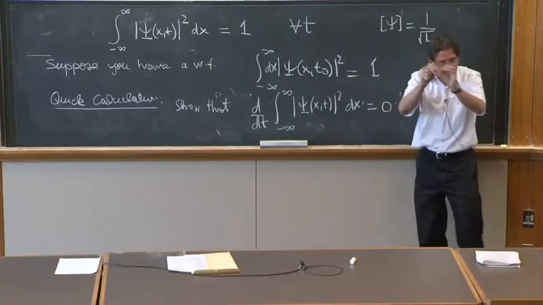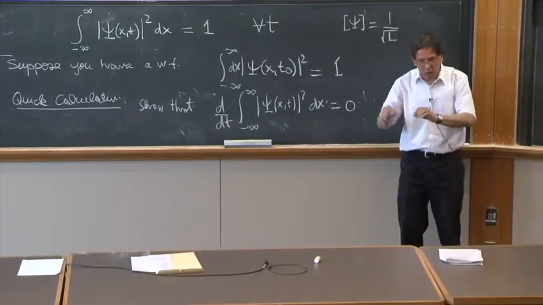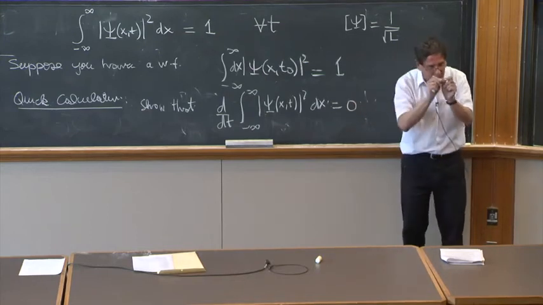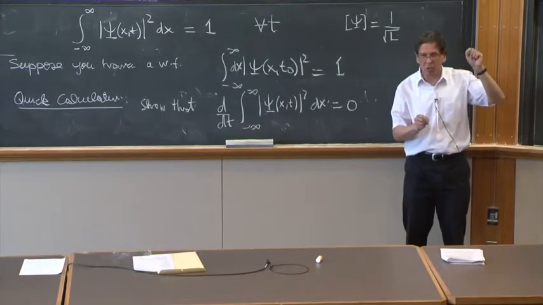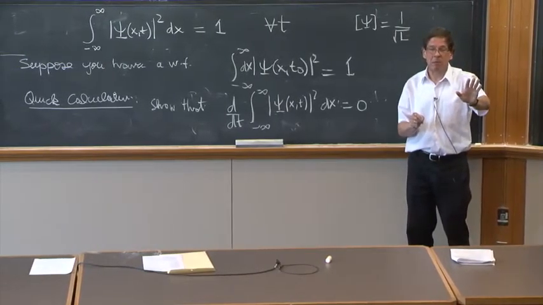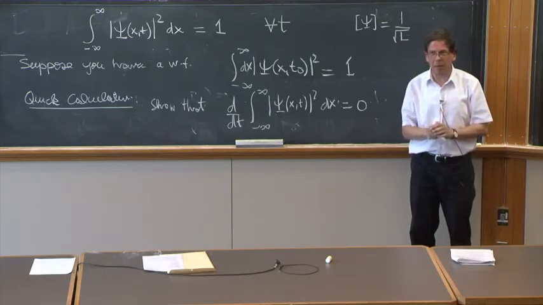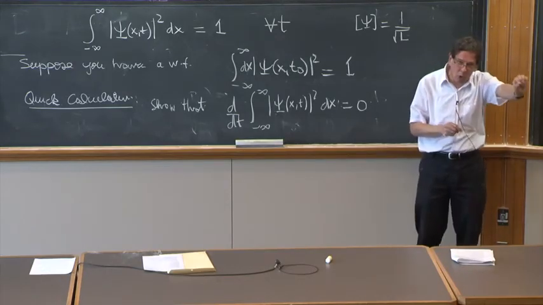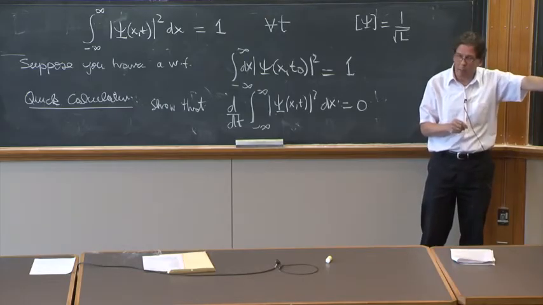So the wave function definitely has to go to 0 at infinity. But that will also not be quite enough if you're careful about what you're doing. You will have to demand that the derivative of the wave function doesn't blow up. It's not asking too much, but it's asking something.